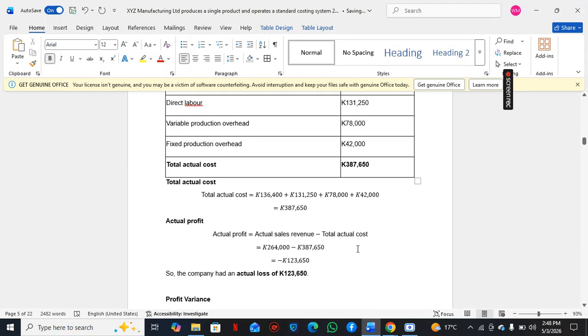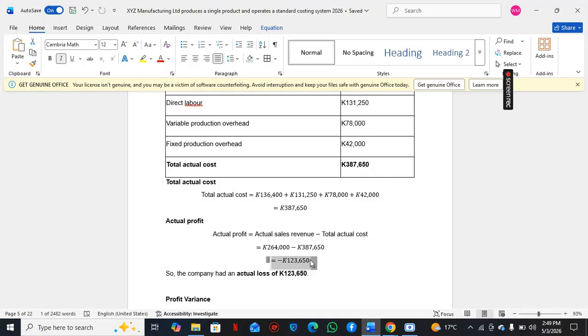So our actual profit is actual sales revenue minus actual cost: 264,000 minus 387,650. We actually made a loss of 123,650.